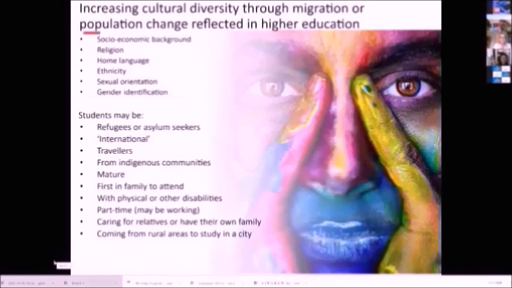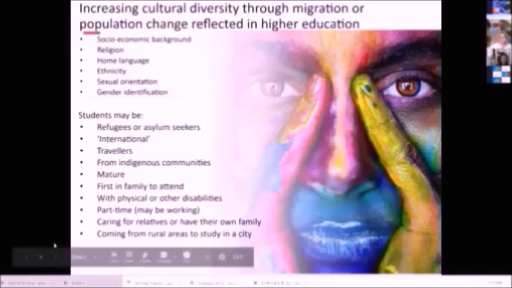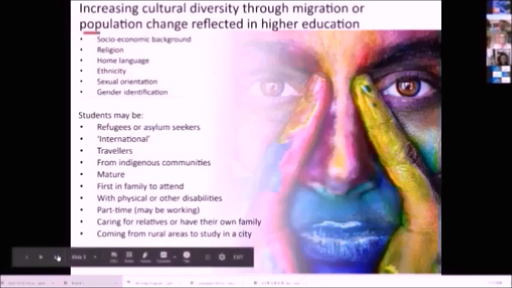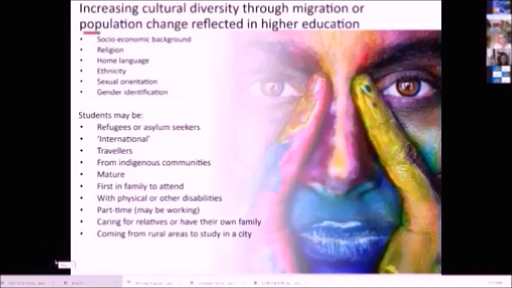So there are very, very different types of students that we're faced with in the university these days. This is particularly the case in universities based in cities, but not necessarily. So I think we have to think about diversity in a very different way. It also means that we have to think about internationalization in a very, very different way.